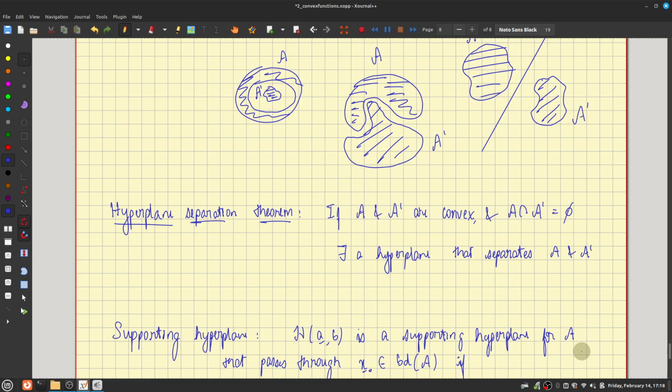Now these two are both convex sets and they don't intersect with each other, therefore you can find a separating hyperplane, and this separating hyperplane will in fact be the supporting hyperplane. That's the idea. Of course, I have not proved the hyperplane separation theorem, but again, you can look it up. It's there in Boyd. I just want to skip this in the interest of time.